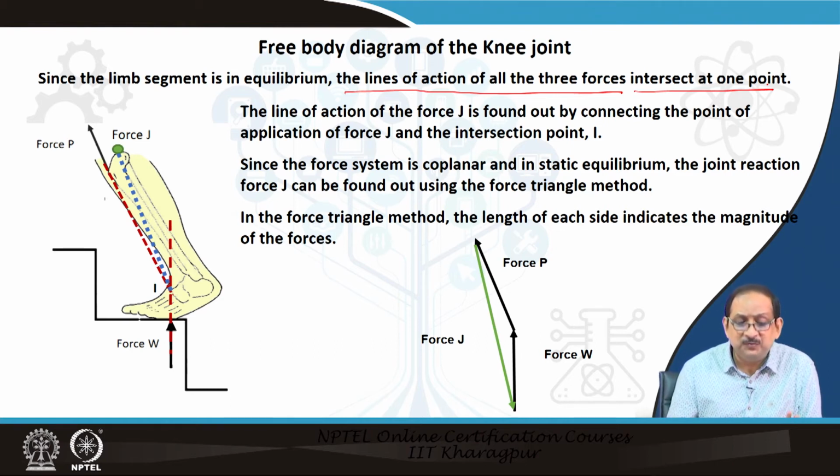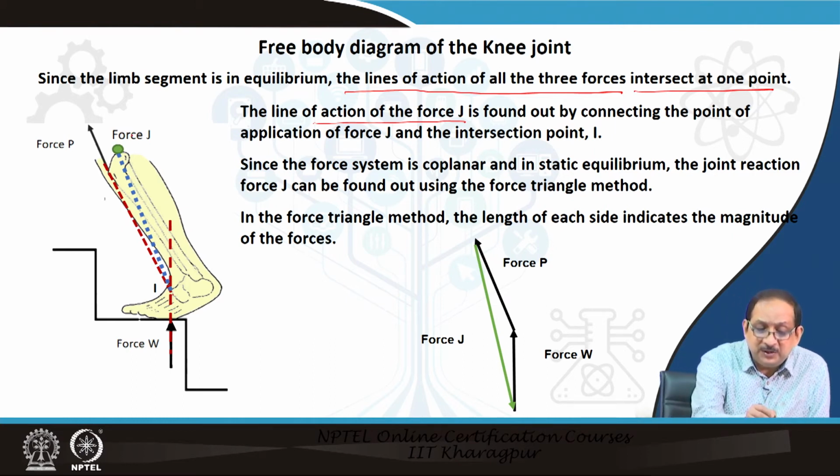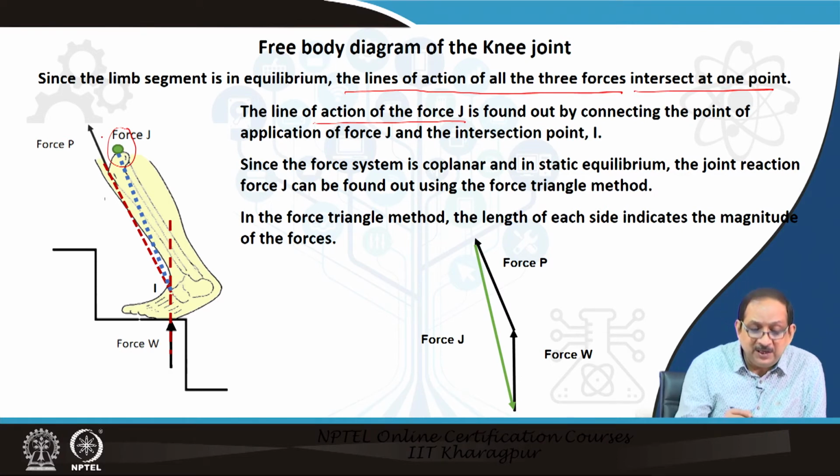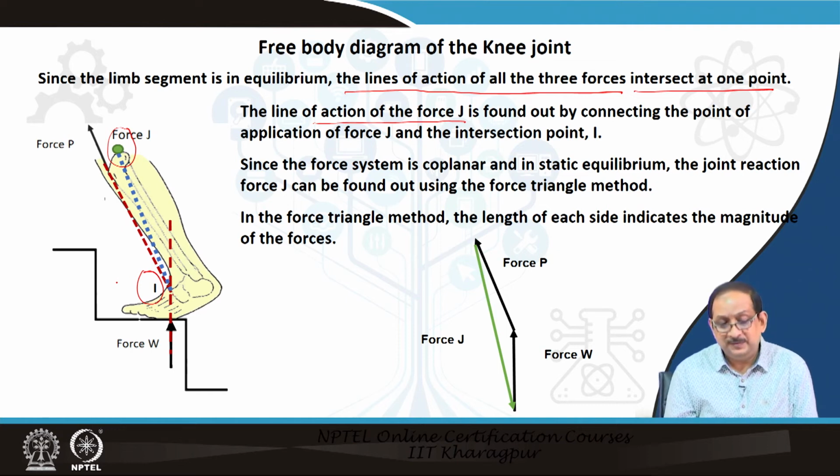So, from this system of forces, the line of action of the force J is found out by connecting the point of application of this force J and the intersection point I.